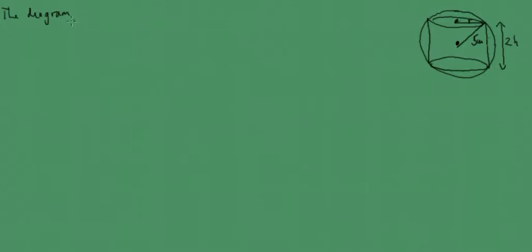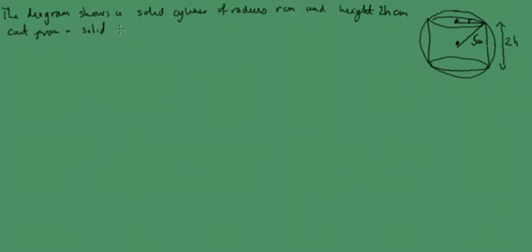So the diagram shows a solid cylinder of radius r and height 2h centimeters, cut from a solid sphere of radius 5 centimeters.